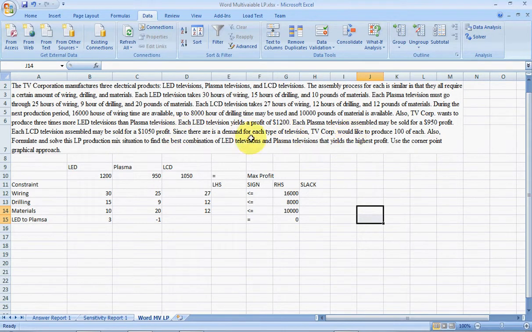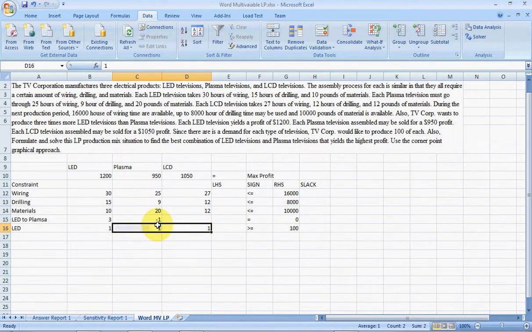Okay, so since there's demand for each type of TV, they want to produce 100 of each. So you can't just go LED and then 1, 1, 1 greater than or equal to 100, because what that would be saying is you want to produce at least 100 of them all combined.